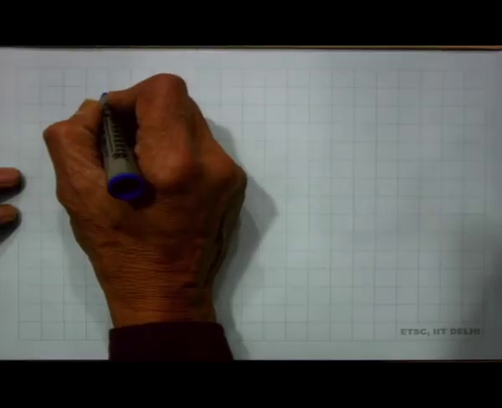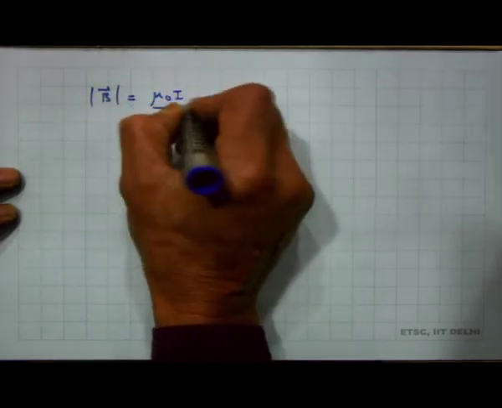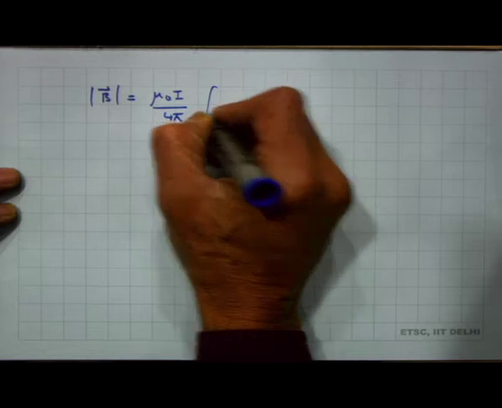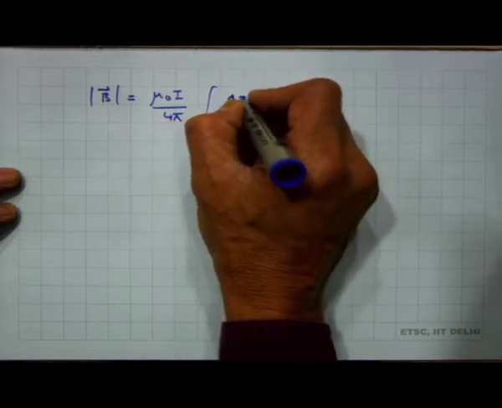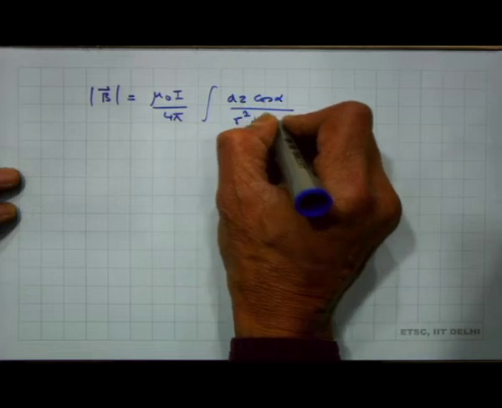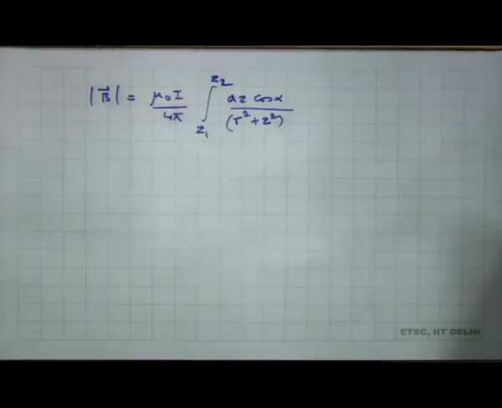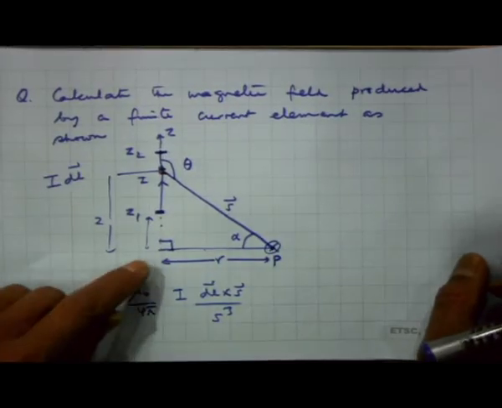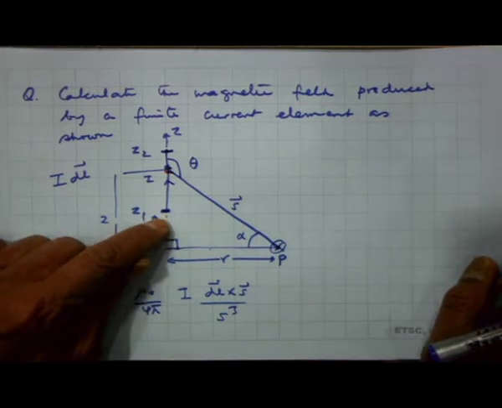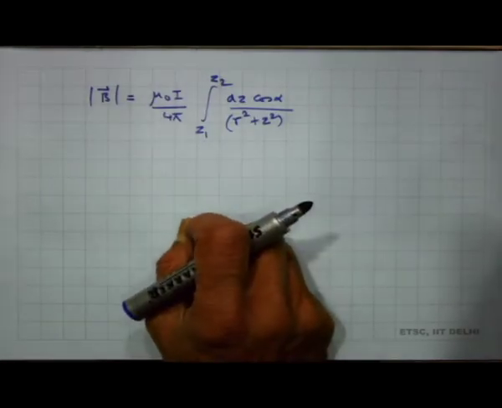So, B magnitude total will be equal to mu naught I by 4 pi integral dz cos alpha divided by r square plus z square from z1 to z2. Z1 is the coordinate of the bottom point of this element, Z2 is the top coordinate. So, from Z1 to Z2 if I integrate, I will get this.